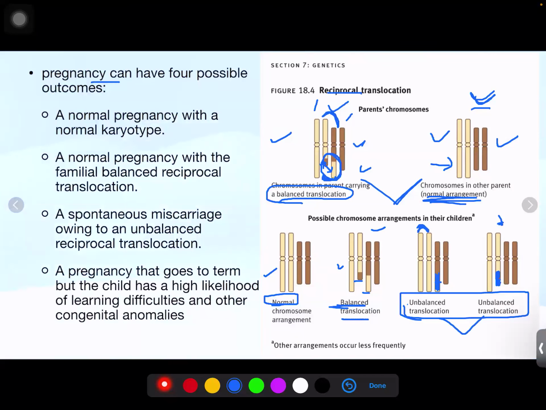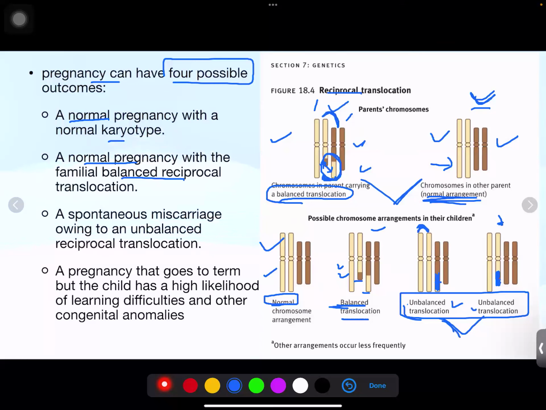So a pregnancy can have four possible outcomes. I told you in the figure. One possibility is a normal pregnancy with a normal karyotype, like this. Then a normal pregnancy with a familial balanced reciprocal translocation, like this. The balanced translocation does not matter. This is a normal pregnancy. Now, what happens if these two are unbalanced?